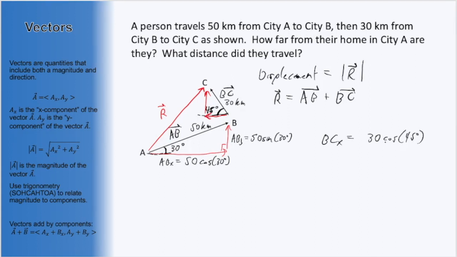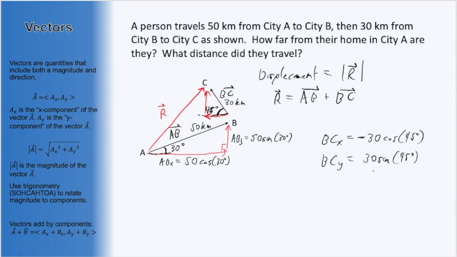However, as we just mentioned, since it is a leftwards component, I need to make sure that this has a negative when I go to do calculations on it. Then for our vertical y component of the BC vector, that is the opposite side, so this will pick up 30 times sine of the angle 45 degrees. Since this y component is going upwards, and I have chosen positive as upwards, it should remain positive.